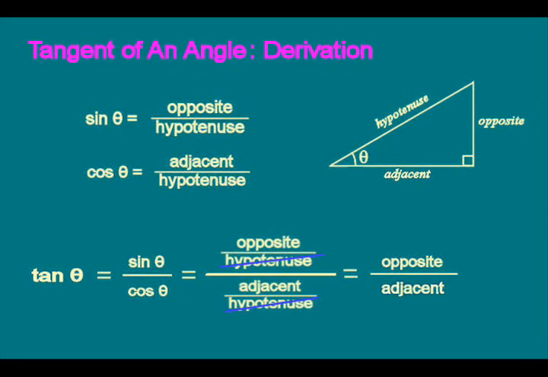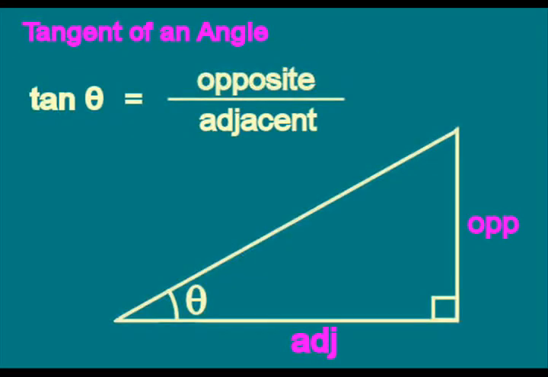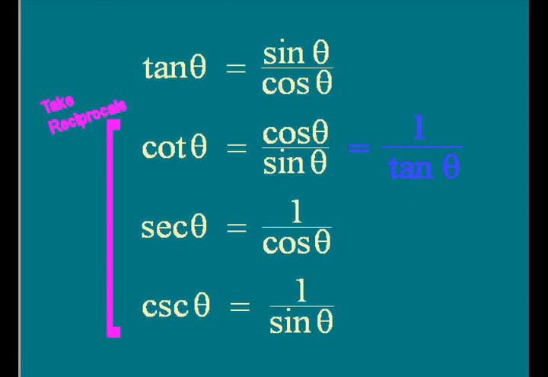The hypotenuse cancel out, and we're left with opposite over adjacent. So here's the result. Tangent of theta is its opposite side over its adjacent side. Now we can find the other 3 just by taking reciprocals.